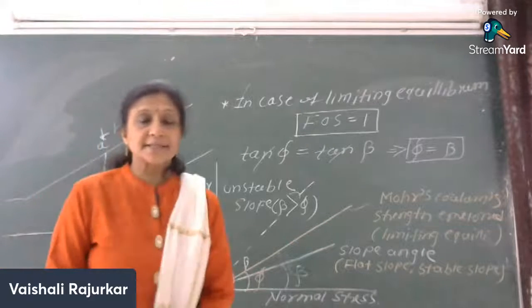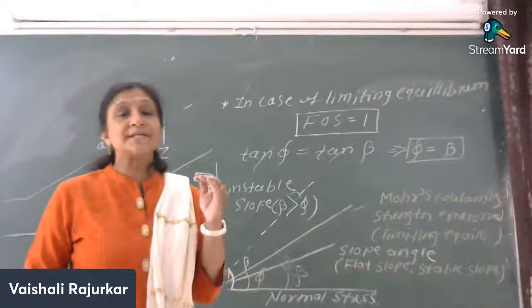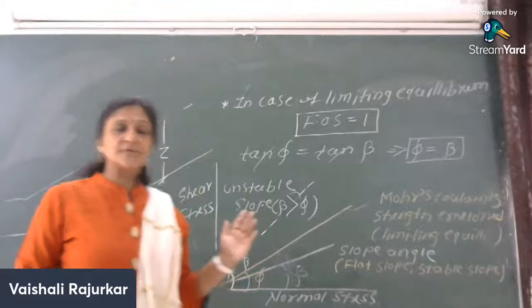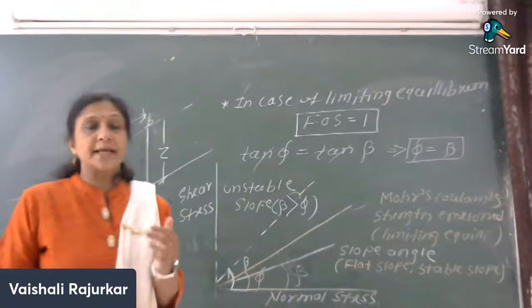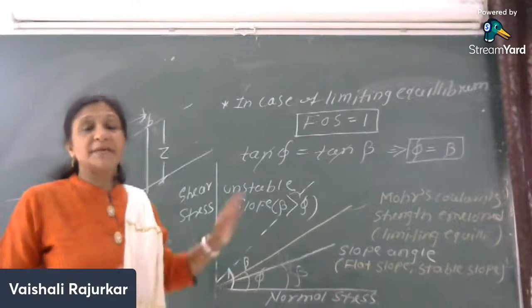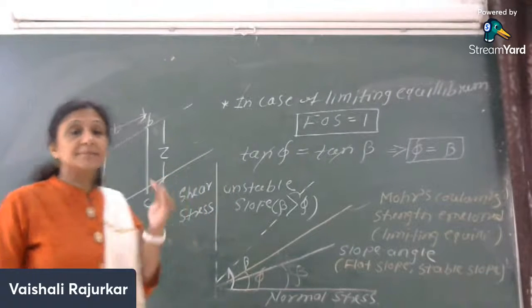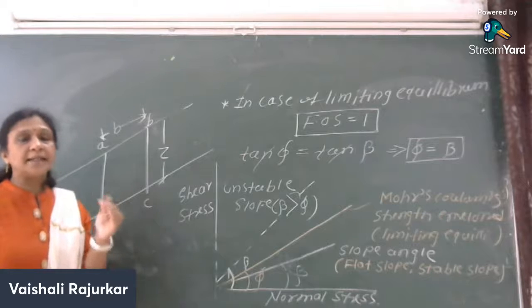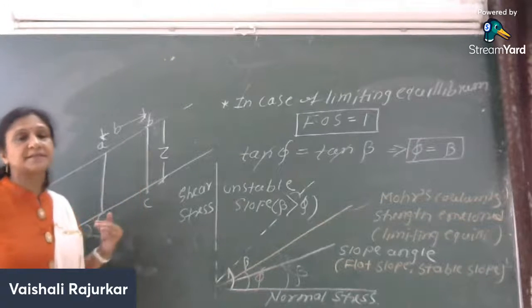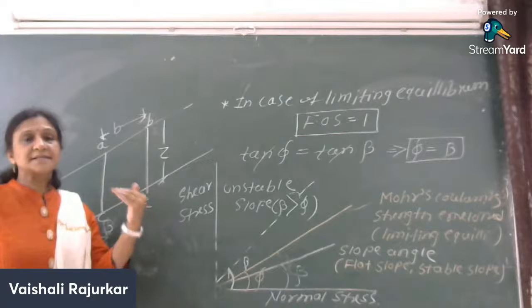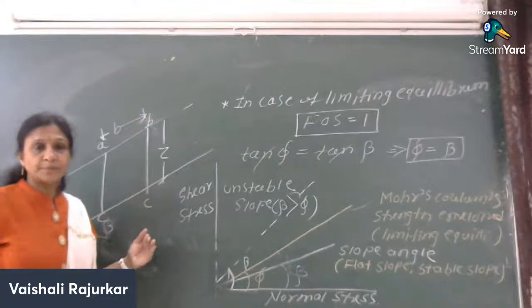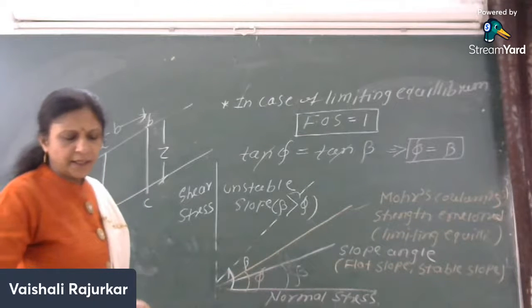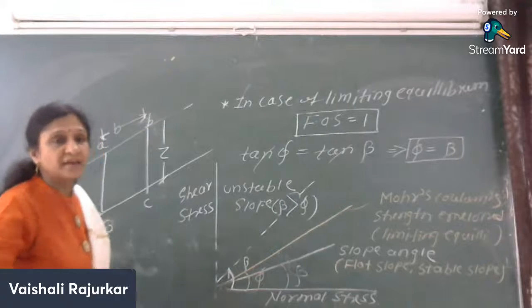Now in this case, the soil is considered to be submerged. In the previous one, the soil was considered as dry homogeneous soil, but here the soil is considered as a submerged soil. If the soil is in a submerged condition, there will always be seepage, and the seepage acts in the direction parallel to the slope.